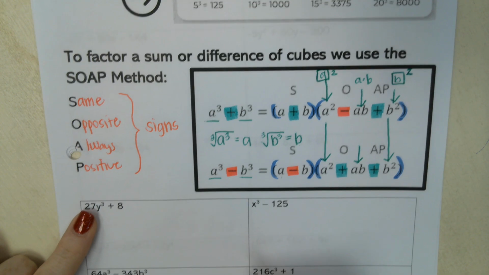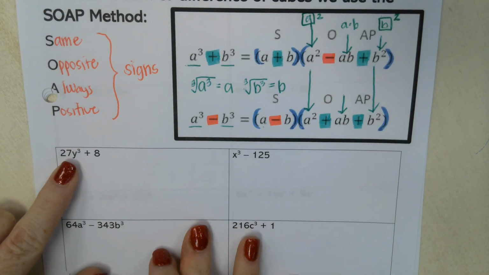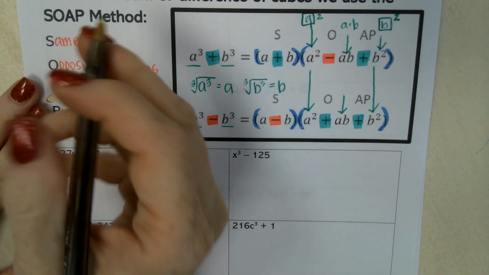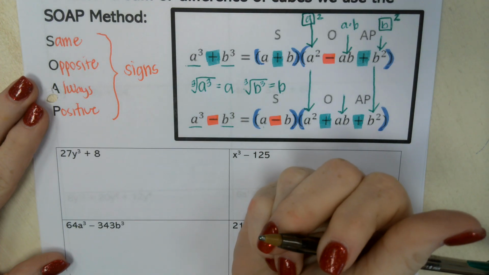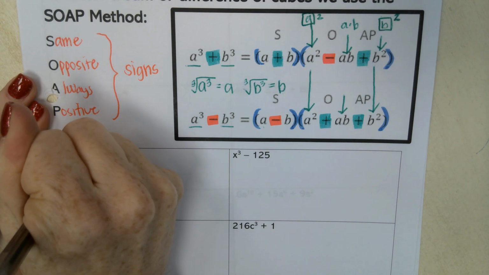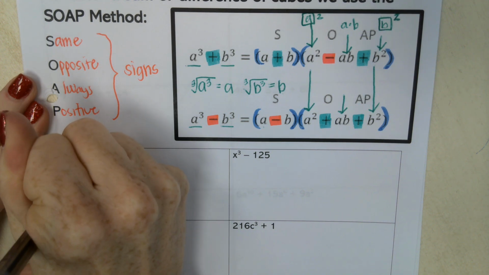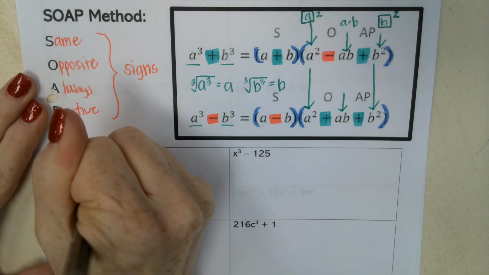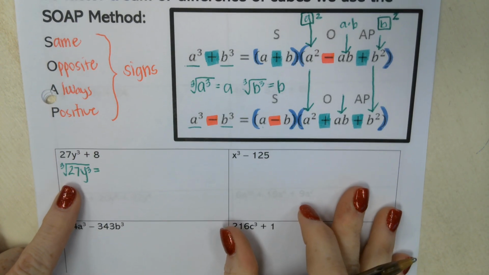Now, what I see right here for this very first problem is that I've got 27y cubed, which is a perfect cube, and I've got 8, which is also a perfect cube. So I'm going to start out by taking the cube root of 27y to the third power. What is the cube root of 27? 3.